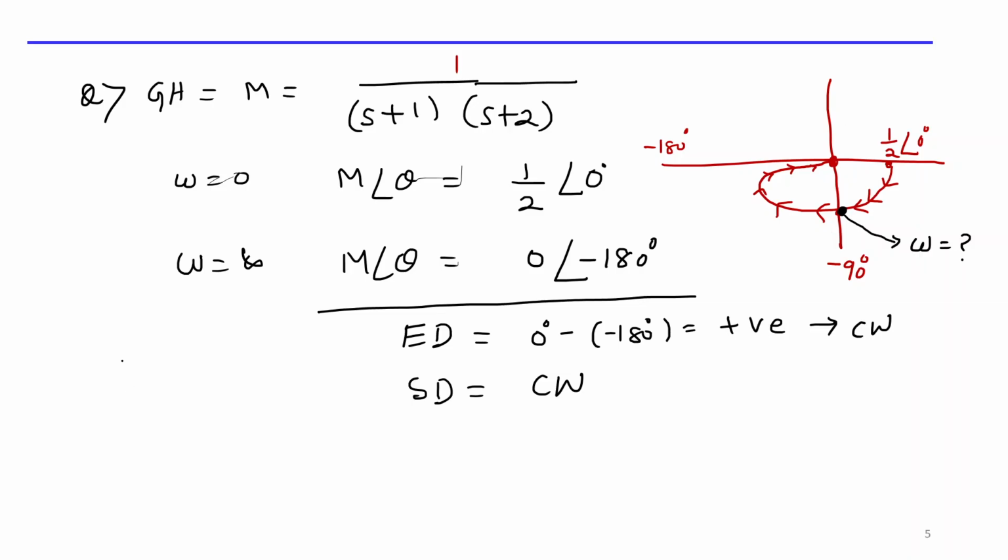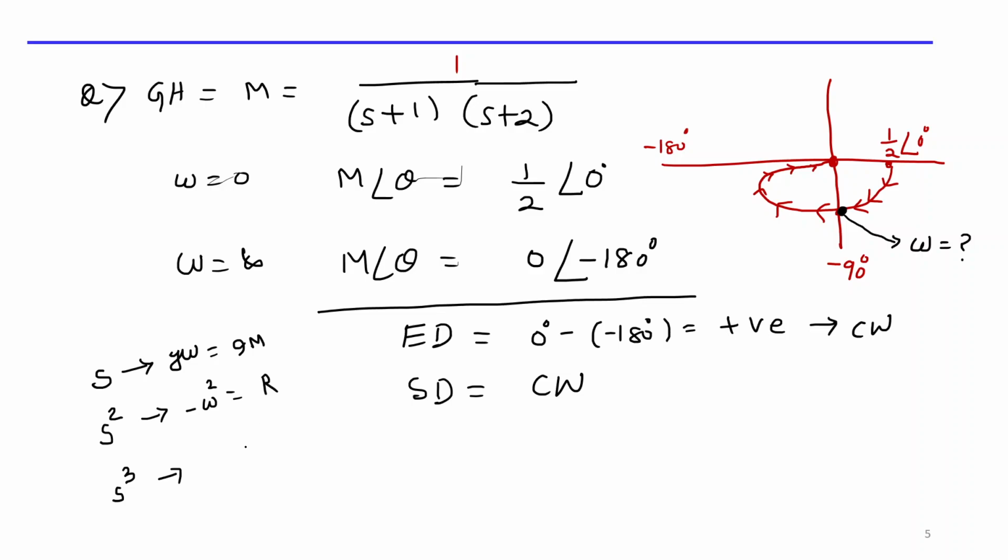I told you in the last class, suppose one s term is there, another s square term, another s cube term. Which are the real parts and which are imaginary parts? S means it is j omega, this is imaginary. S square means j omega into j omega, means minus omega square, it is the real part.